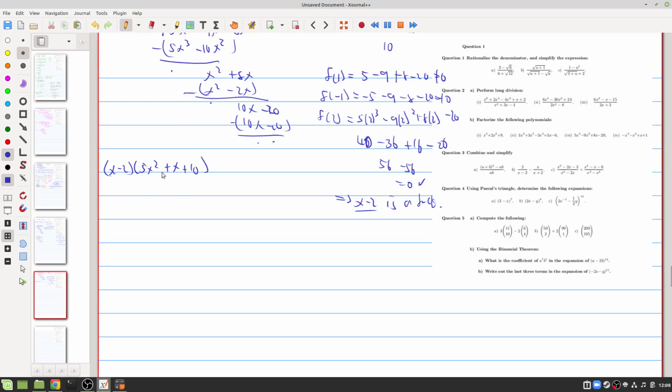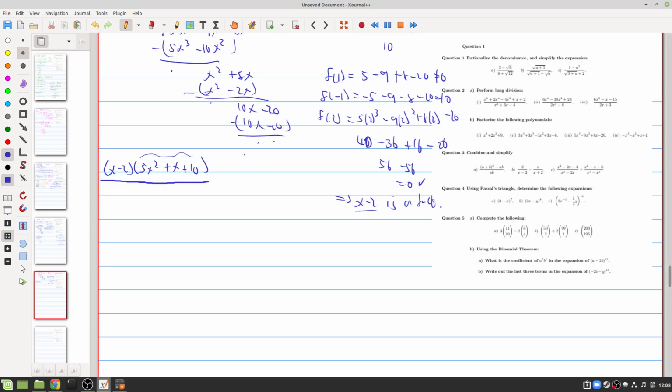Well, no, it cannot, because it would have to have linear factors to get to a quadratic. Since this value will always be bigger than this value, this can't factorize any further. You can't find anything that'll give you a 0 here. You can't find a linear factor, but you can try.